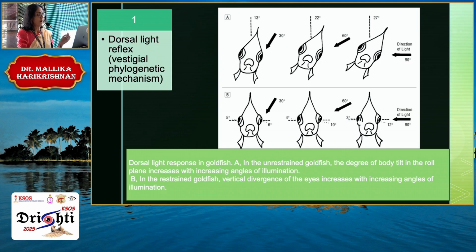The fish is unrestrained. So the degree of body tilt in the roll plane increases with the increasing angles of illumination. But see the B section, it is a restrained goldfish. So the vertical divergence of the eyes increases with the increasing angles of illumination. So the body tilt is compensated by the vertical divergence of the eye.